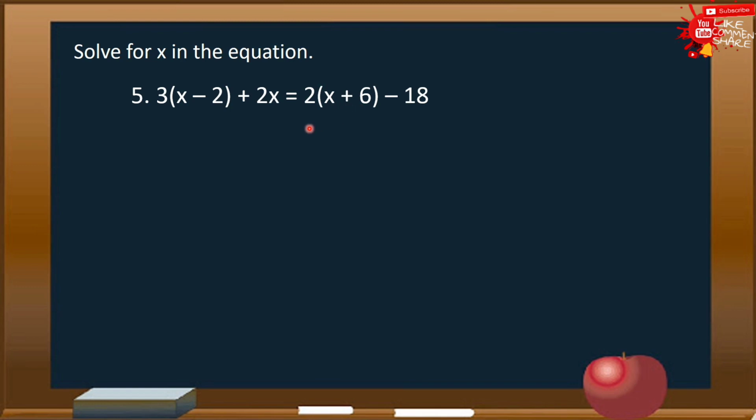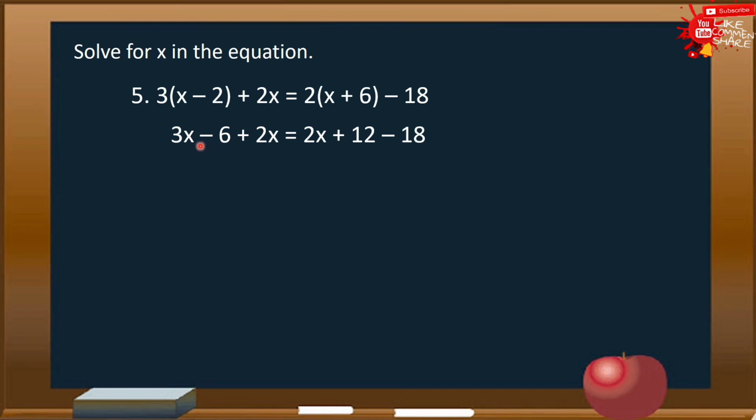So, let us distribute. So, 3 times x is 3x. Then 3 times negative 2 is negative 6. Tapos kopya lang si plus 2x equal symbol. Then 2 times x is 2x. Then 2 times positive 6 is positive 12. Then kopya lang si minus 18 or negative 18. Then we combine similar terms.